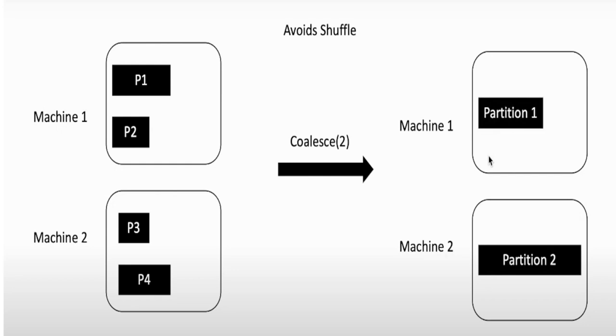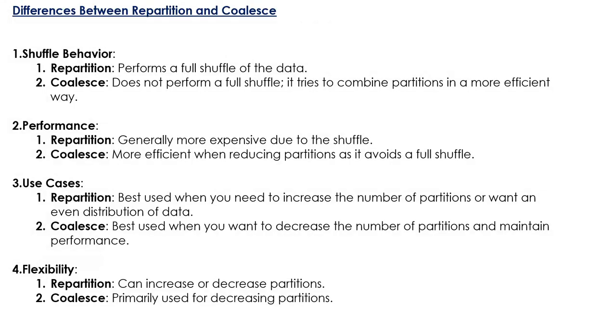Okay, let's talk about all of this in a summarized way. What we have discussed till now are the shuffle behavior, performance, use cases, and flexibility of these two functions. In case of shuffle behavior, repartition performs a full shuffle of the data, whereas coalesce will try to avoid the shuffle and will try to combine the partitions in a more efficient way.